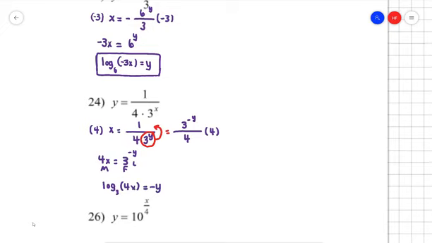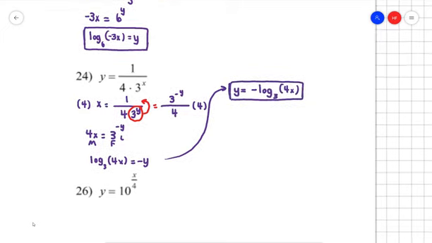And I want y to be positive, so I'm going to change every single sign. And so I get positive y equals negative log base 3 of 4x. Since the 4x is inside parentheses and belongs to that log, we don't put the negative inside the parentheses as well, we just leave it.